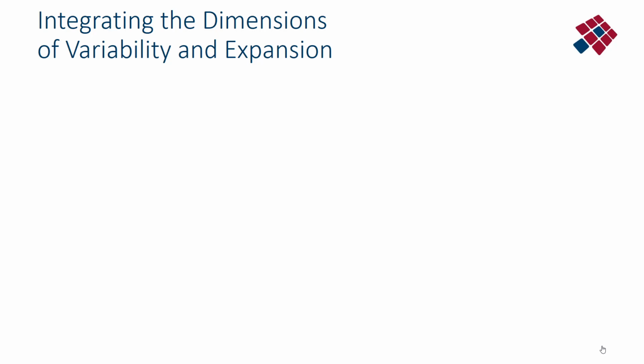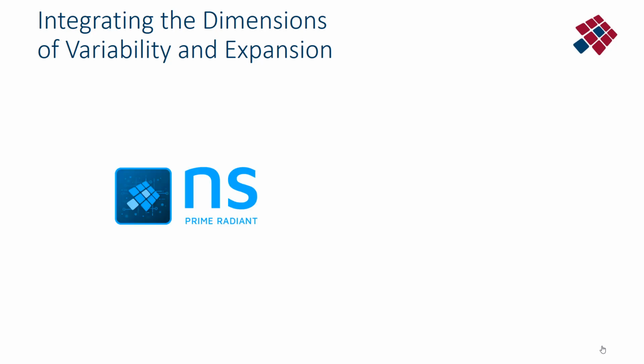Now, in order to integrate these dimensions of variability and expansion, in order to have a structured overview on these various dimensions of variability or degrees of freedom, we developed the prime radiant.